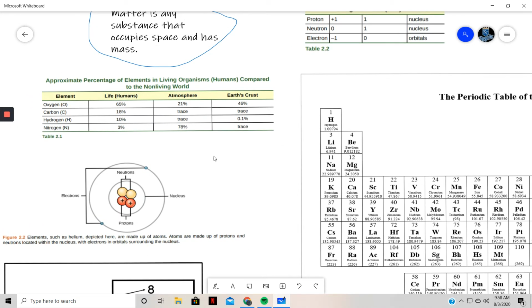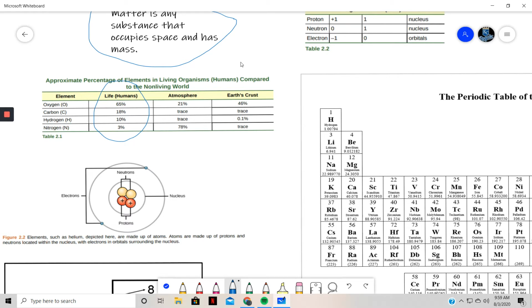But looking at the different elements in different scenarios, now when we're focusing on, let me get my pen back up here, this column right here for this class, regardless of what course you're in. The idea is these are the four most common elements in a human, and you can see the percentages there.